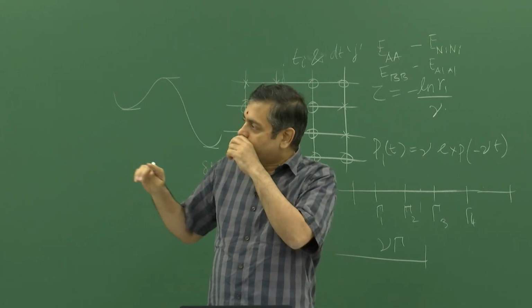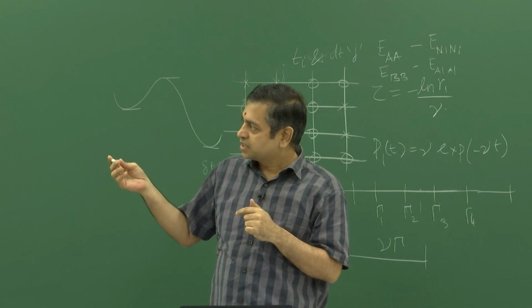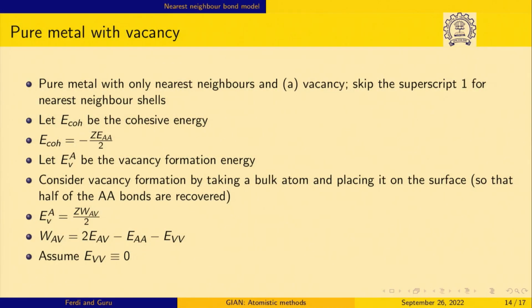So, a good estimate for vacancy formation energy is by taking a bulk atom and placing it on the surface. You have to break Z by 2 bonds, but you will recover half of them. That is how we calculate the vacancy atom interaction energy.